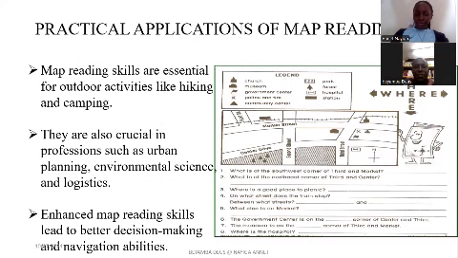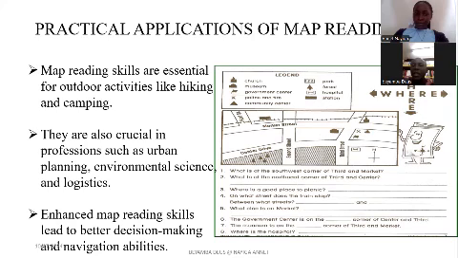Now we want to see why we are studying these aspects of map reading. It is mostly about essential skills that will help you in your world if you go outside, for navigating areas and understanding geographical areas.